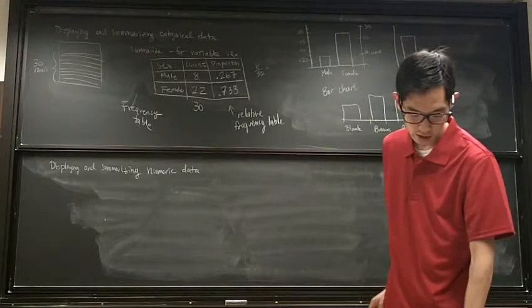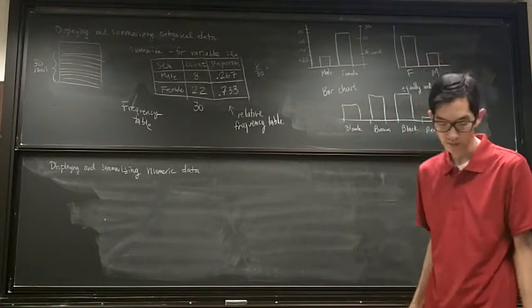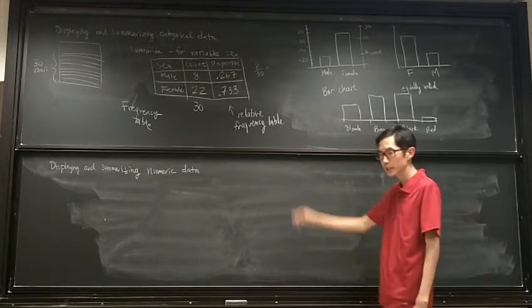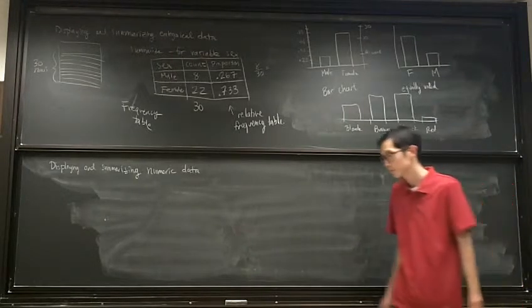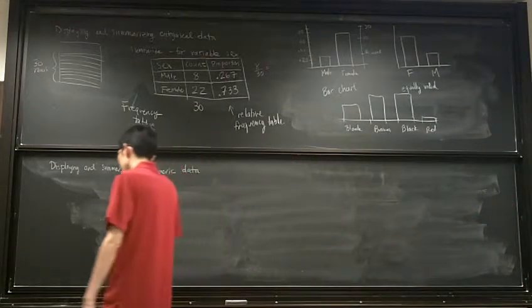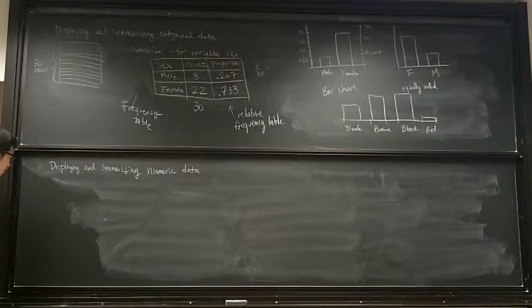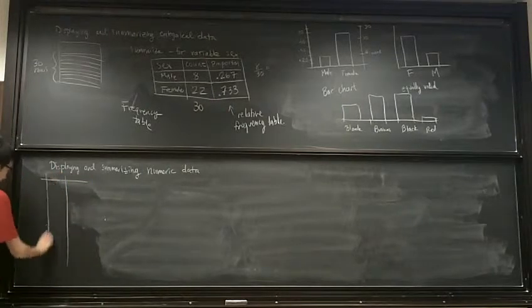So if we've got numeric data, now I'm dealing with something such as, you know, the height column, or the weight column, or the age column in our data table. Okay. So, alright, let's just imagine we're just looking at the age column.